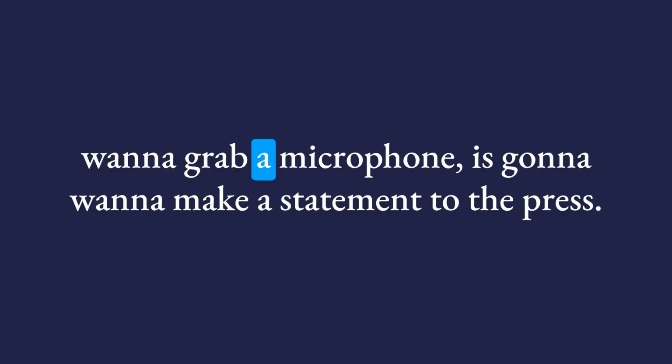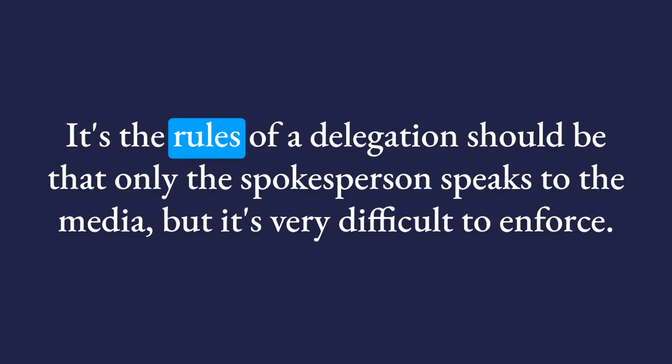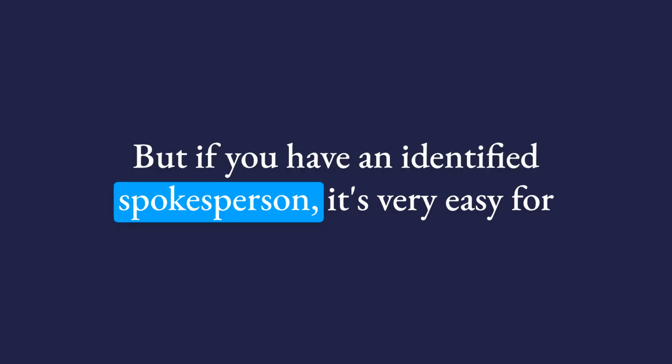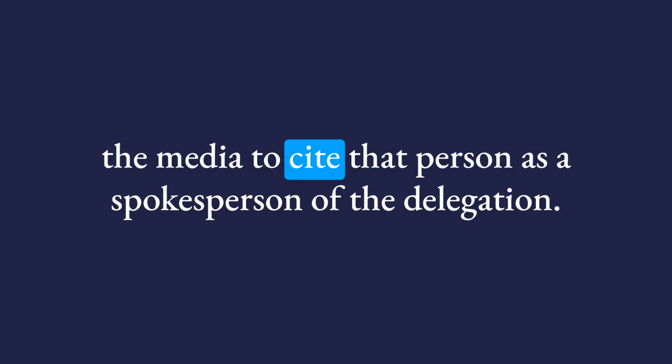The other reason why you want, Nicole, to have a designated spokesperson: every member of the delegation is going to want to grab a microphone, is going to want to make a statement to the press. The rule of a delegation should be that only the spokesperson speaks to the media, but it's very difficult to enforce. But if you have an identified spokesperson, it's very easy for the media to cite that person as a spokesperson of the delegation.